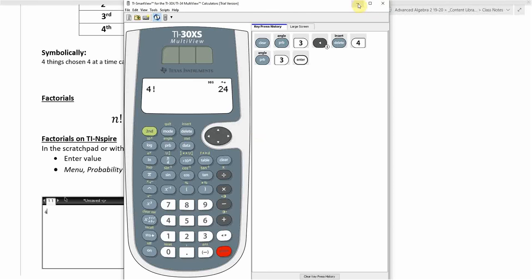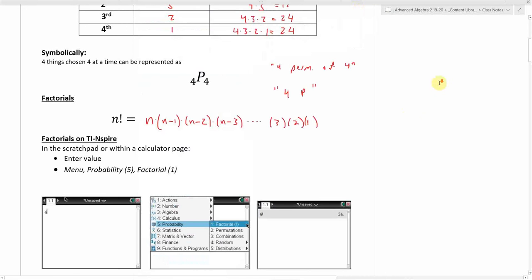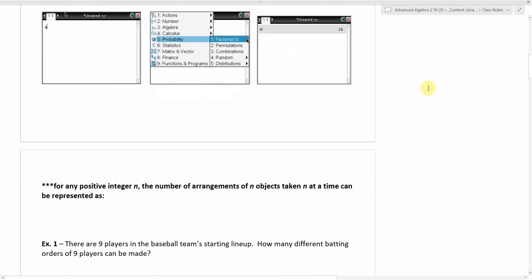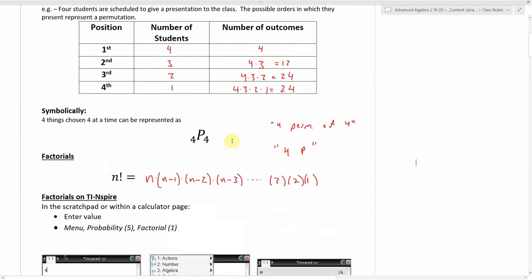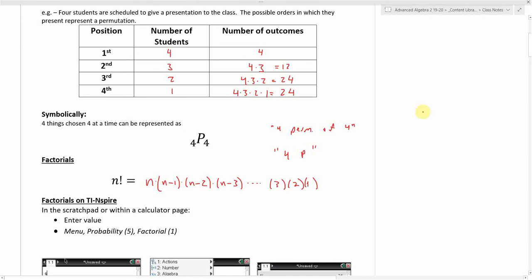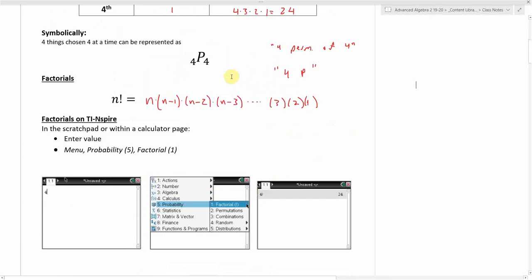So anyhow, coming back to that, the reason we learned about factorials is because 4P4 is the way that we can arrange 4 objects, and we saw that that's computed as just 4 times 3 times 2 times 1, or 4 factorial.